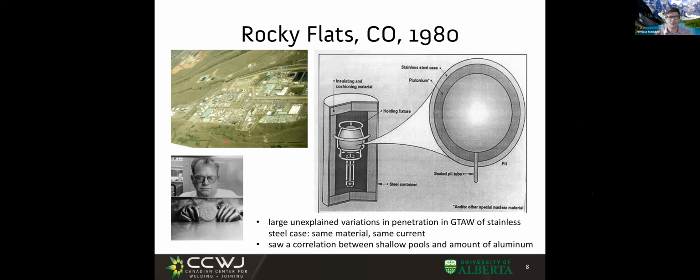This is a really cool story, which I got to see from close when I was a professor in Colorado. In the 80s, at the height of the Cold War, people were making atomic bombs. And among the places in which we were doing them was Rocky Flats, Colorado, right in the middle of the country, where it's very difficult to invade.